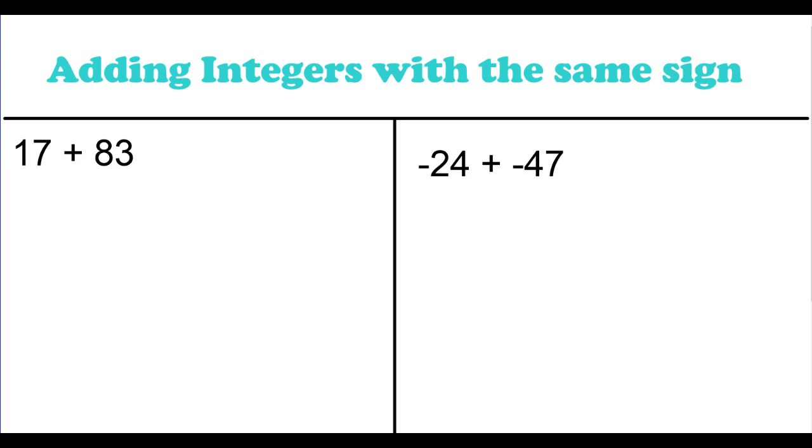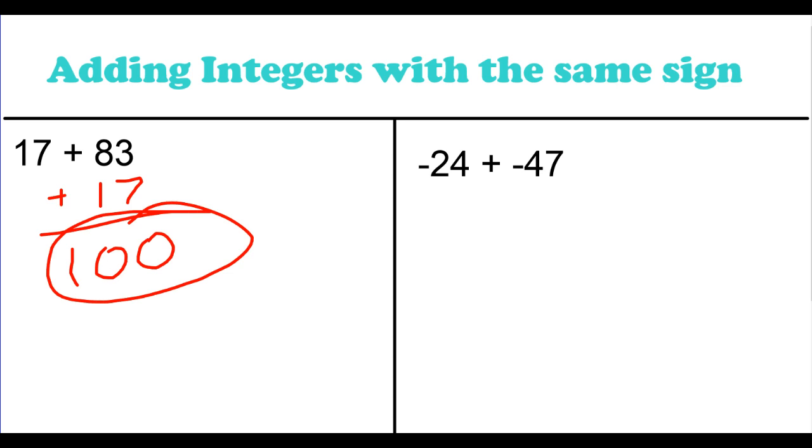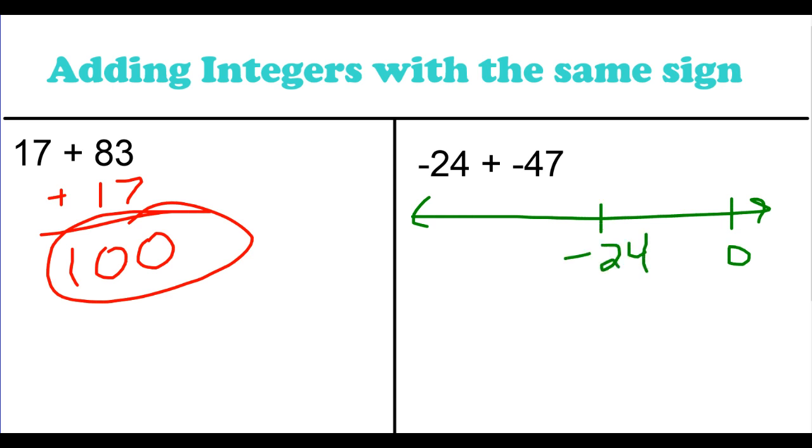So in these two example problems, the first one is fairly familiar, 17 plus 18. You just have to put them vertically, perhaps, but you may notice that they turn out to be a really nice number anyway, which is 100 when we add them together. For negative 24 and negative 47, when we add them together, we can think about it as if we're starting at 0, and we've already gone 24 steps in the negative direction, we want to go another 47 steps in the negative direction.